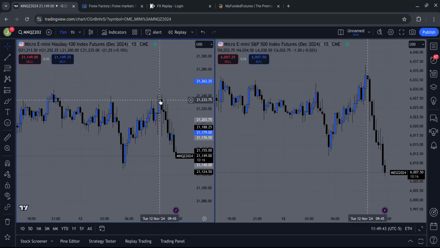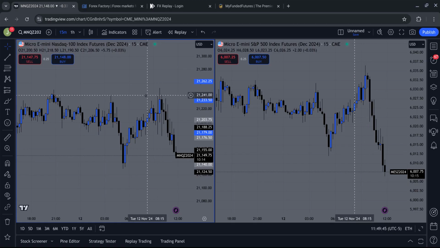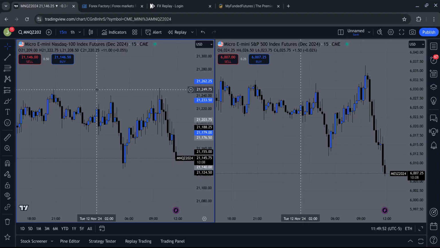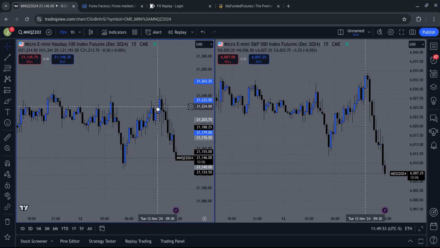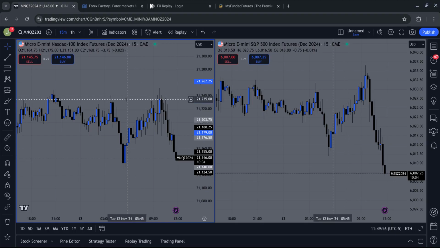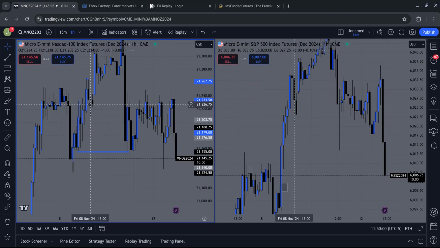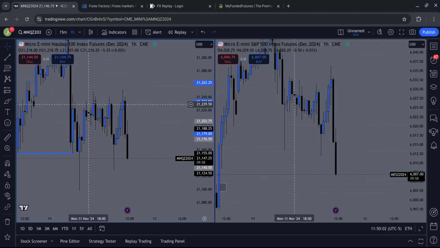But after market open at 9:30, NQ ended up taking that London high right there. And then there was another bearish SMT.